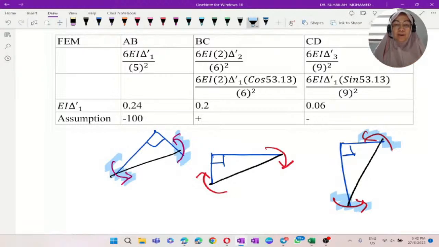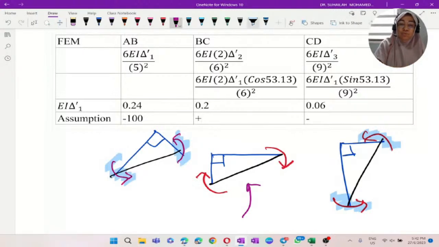Okay, and for beam BC, always remember that beam is a horizontal member, and the delta is in vertical direction. So the beam after sidesway looks like this. Okay, so the incline is the new position.